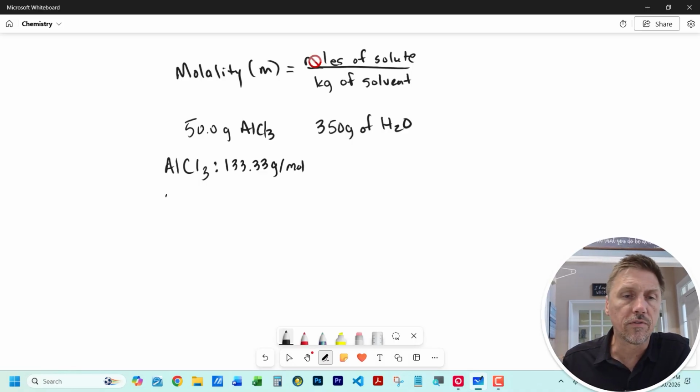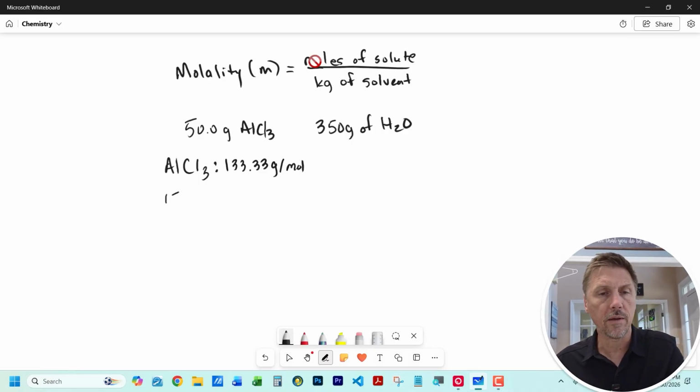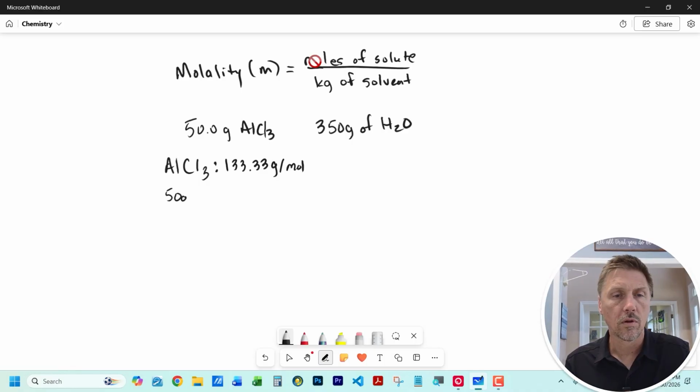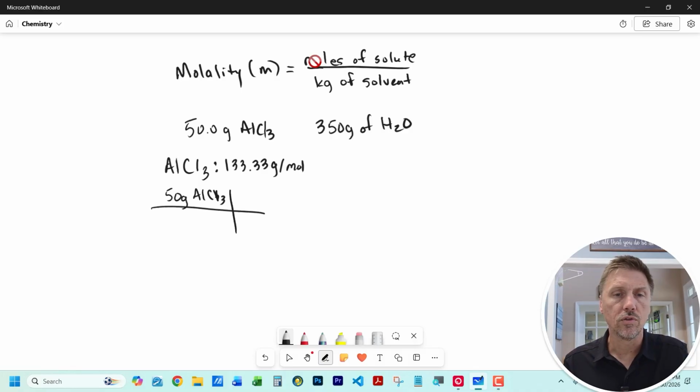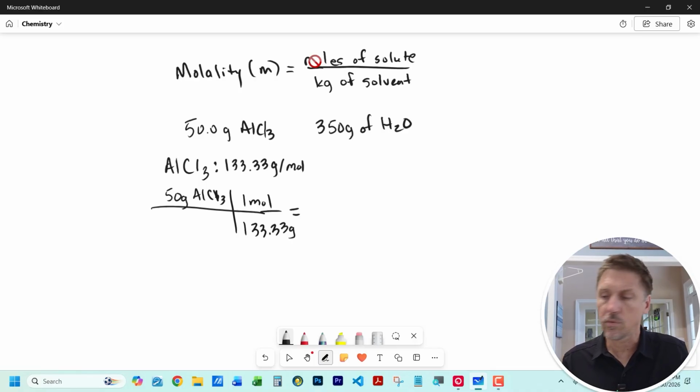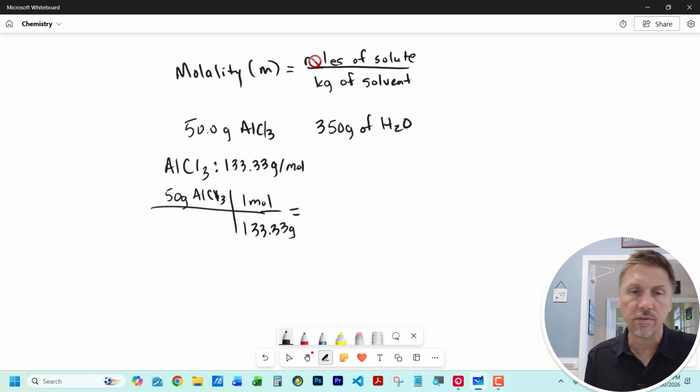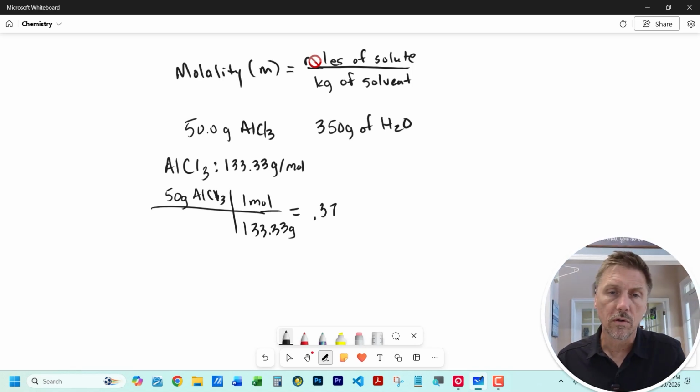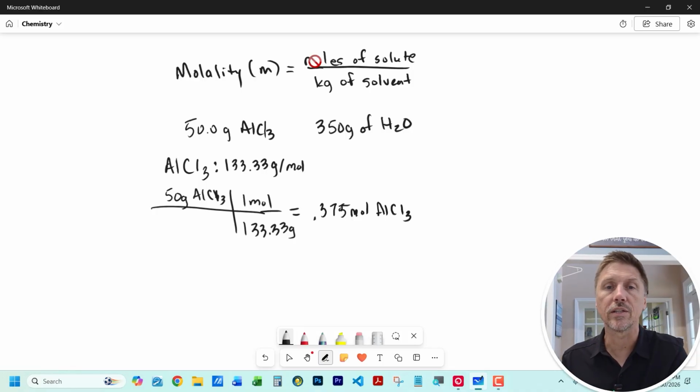So that allows us to convert from 50 grams of AlCl3 to moles of AlCl3, because we know that 1 mole is equal to 133.33 grams, and that's going to give us a value of 0.375 moles of AlCl3. All right, that's the moles of our solute.